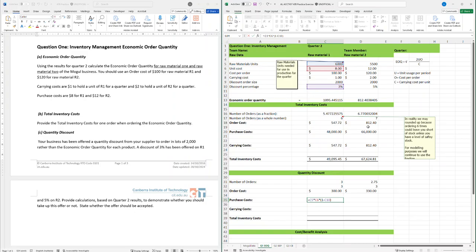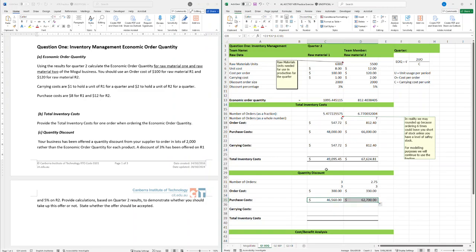But this time it should be noted that we have considered the discount. So instead of 100%, we now only pay 97% because we have a 3% discount. So the cost is actually lowered from 48,000 to 46,560.